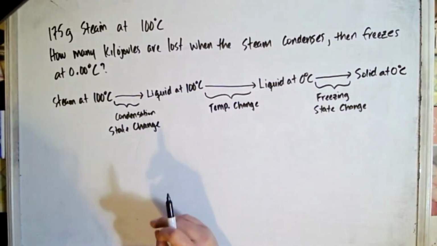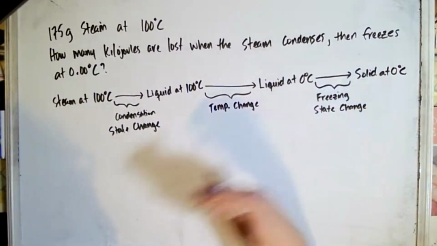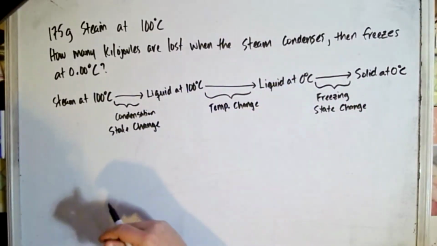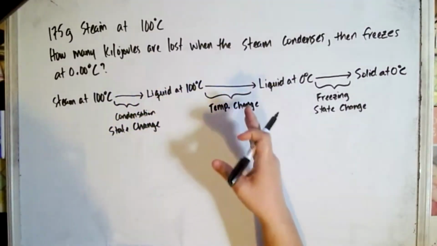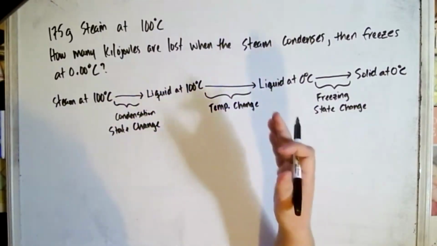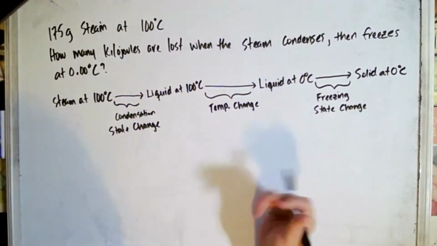And I have to figure out how much energy each of these changes is going to release. And then once I know how much energy each step releases, then I can add them together to figure out what the total amount of kilojoules released would be. Okay.